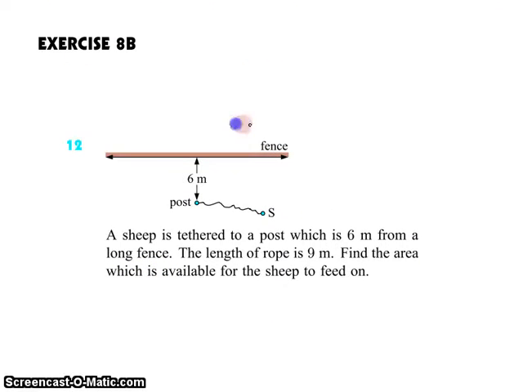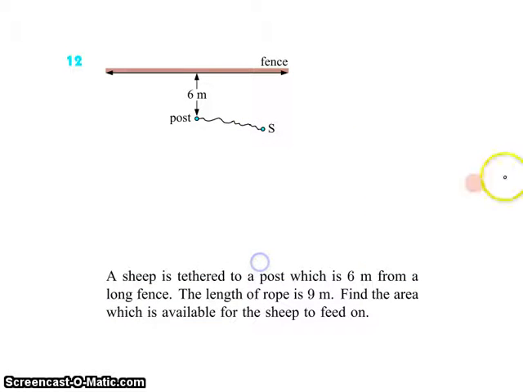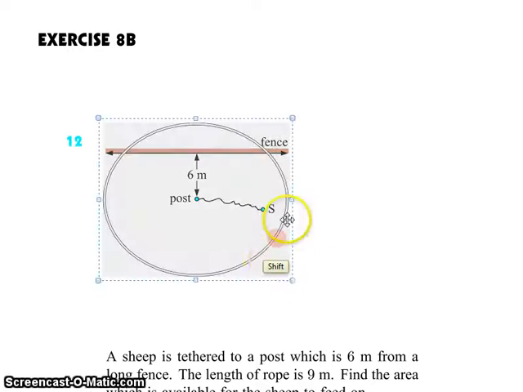So first off, let's draw onto this diagram the space that the sheep can reach. So we're going to add a circle, starting at the post, going outwards, and this represents the region that the sheep can reach.